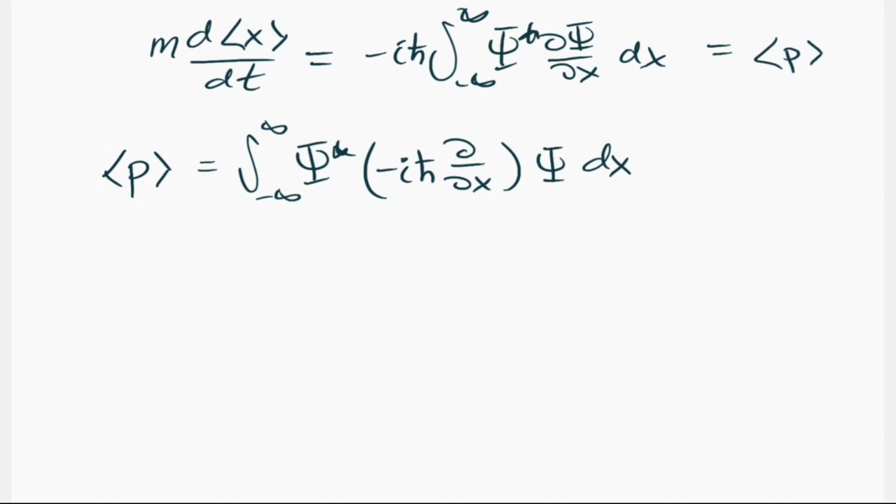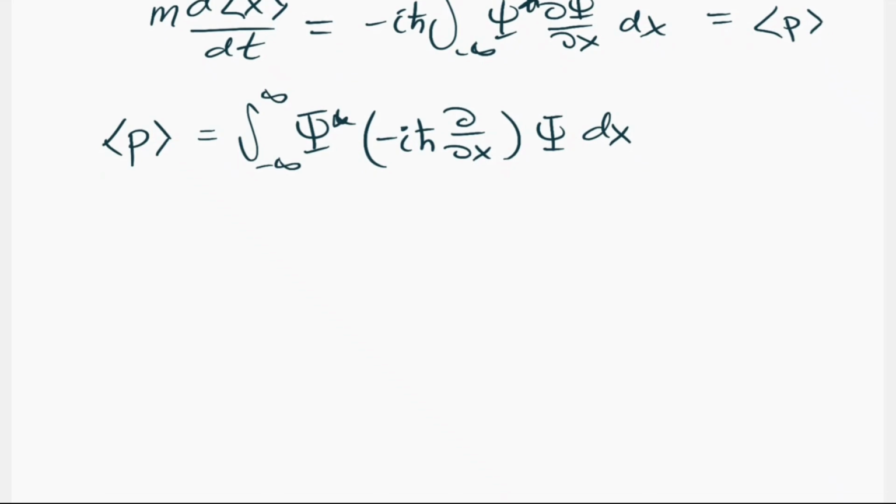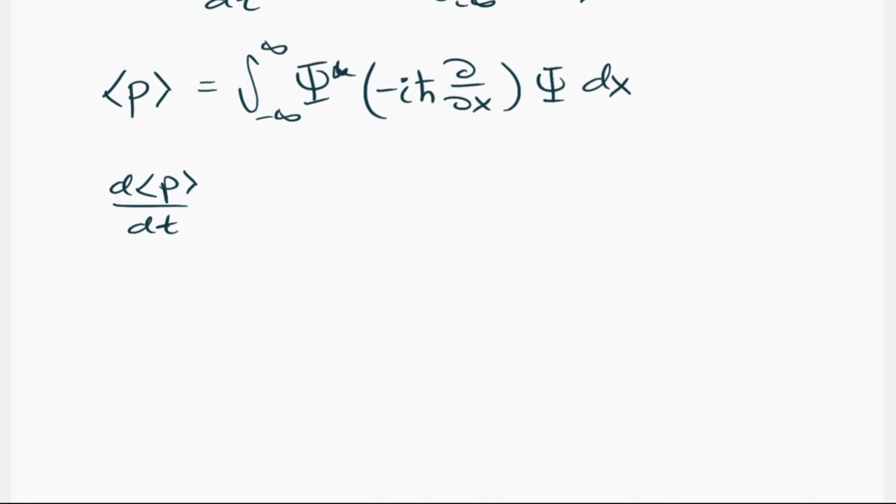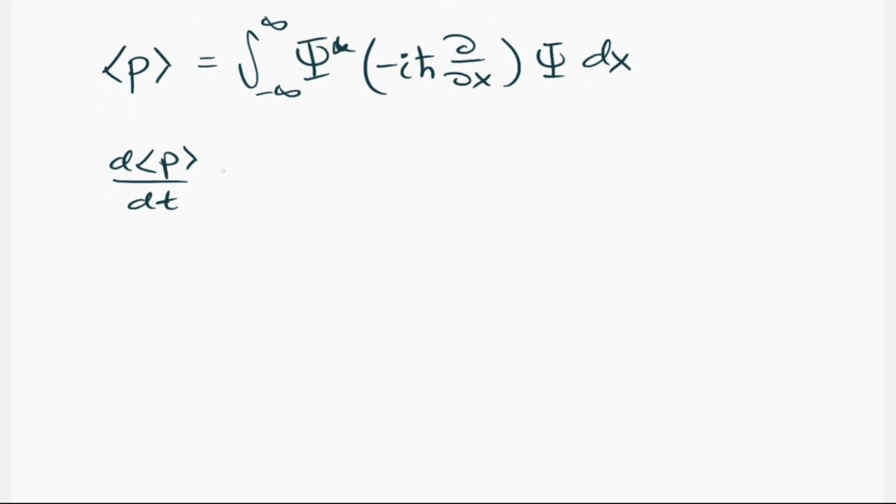But that's not what the problem is asking us for. It's asking us for the derivative with respect to time of the expectation value of momentum. So in order to do that, we're going to rearrange things again. We're going to do d/dt of that above, so I'll grab that real quick.